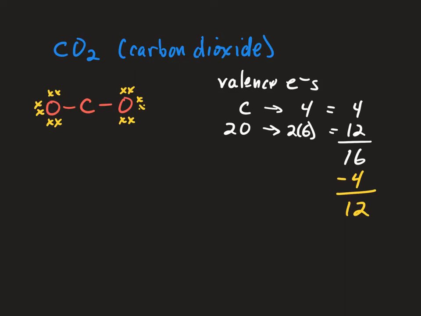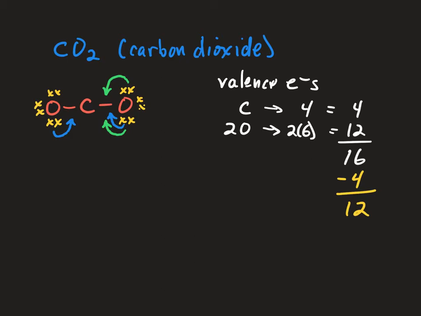But really we have 2 choices. The last time we ran into this situation, we took 2 pairs of electrons from one atom and made a triple bond. But we also have the choice here, because there are unshared pairs on each side, of taking 1 pair of electrons from each of the oxygens and sharing. And so how do we tell which is the better choice?